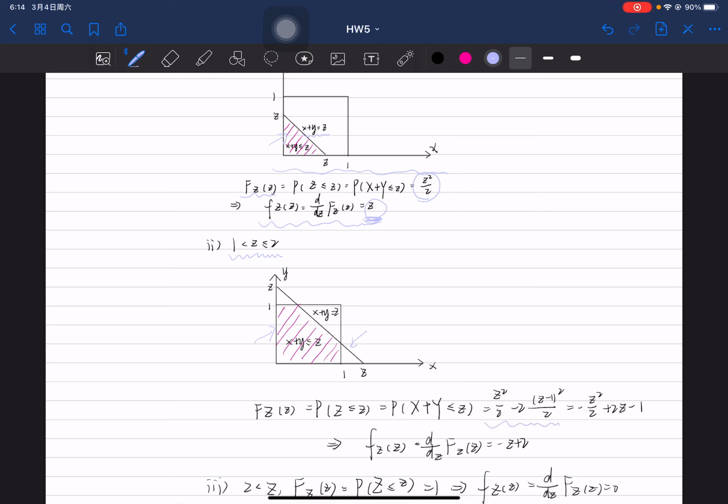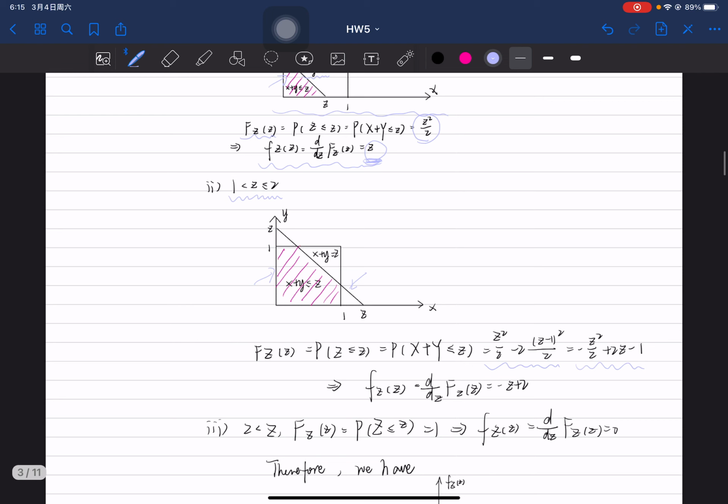And finally we get the answer, which is minus z squared divided by 2 plus 2z minus 1, and then we can calculate the density function of Z equals minus z plus 2.